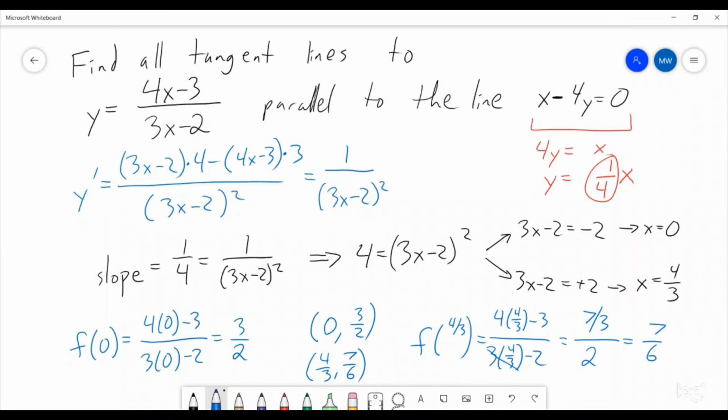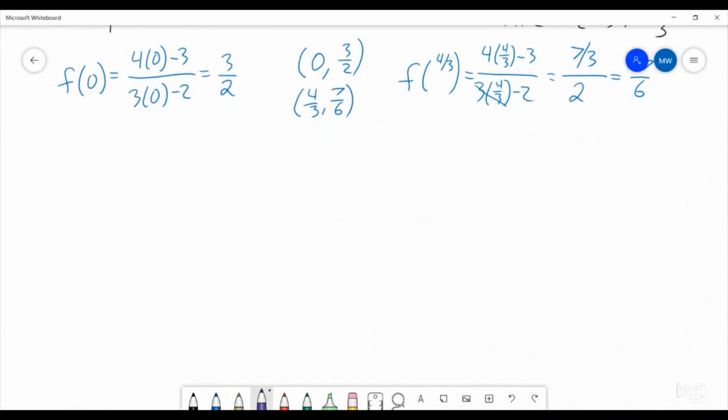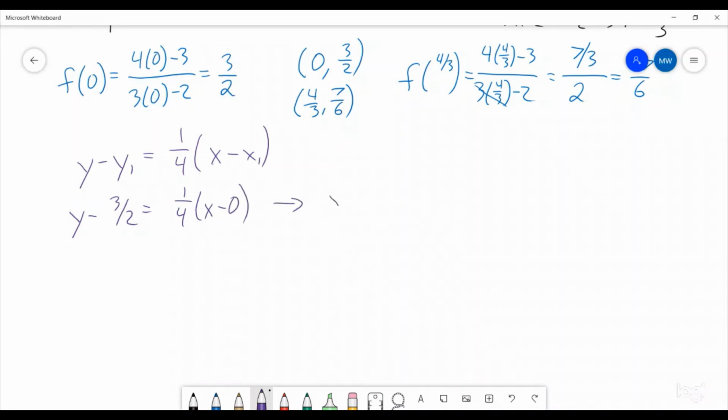So now we have two points, and we have the slope that has to pass through both of those. So we can use point slope form: y minus y1 equals our slope times x minus x1. If we do that for both lines, we get y minus 3/2 equals 1/4 times x minus 0, which is the line y equals 1/4 x plus 3/2.